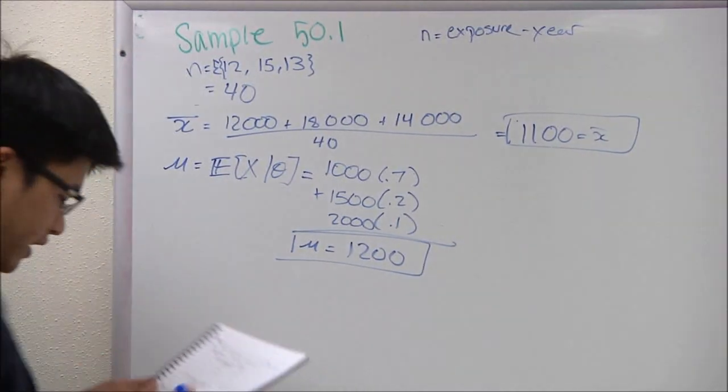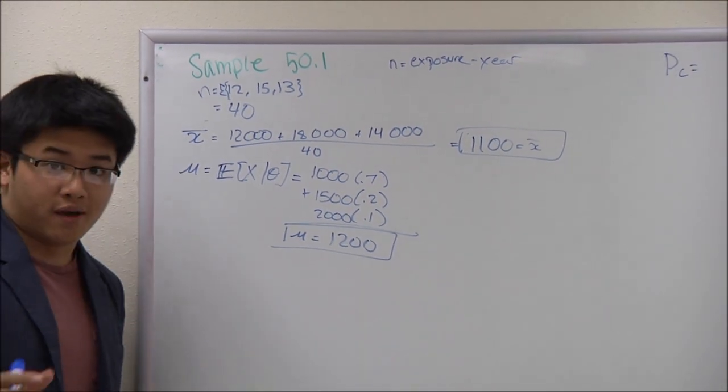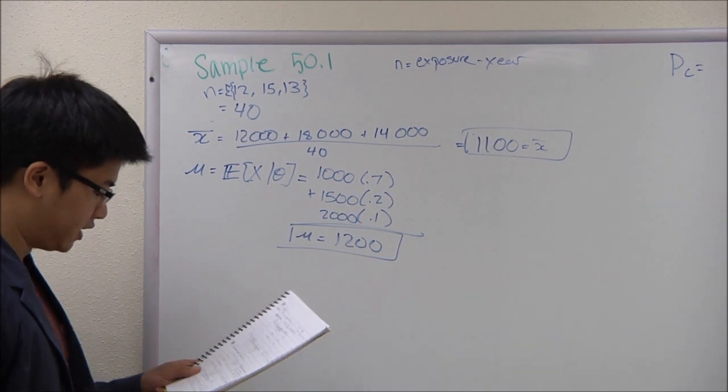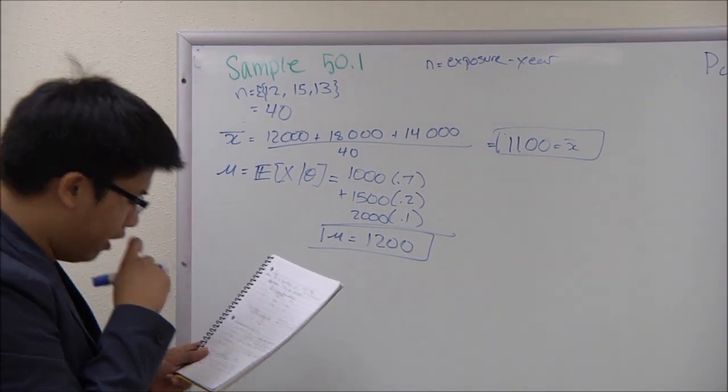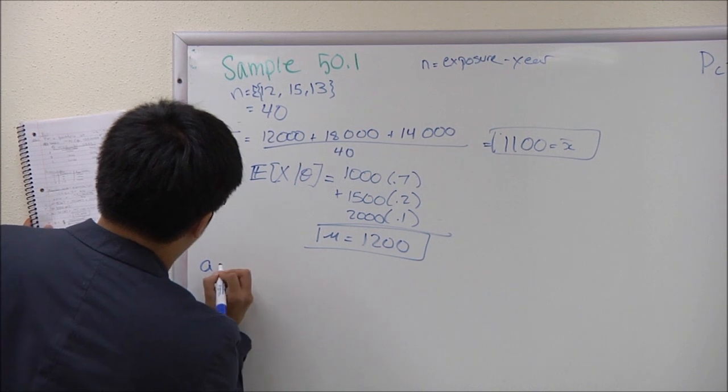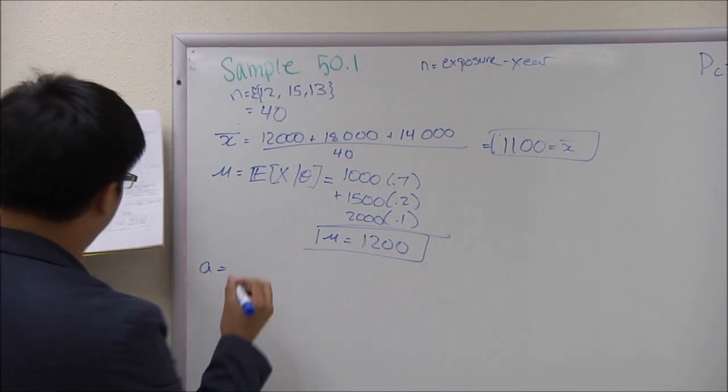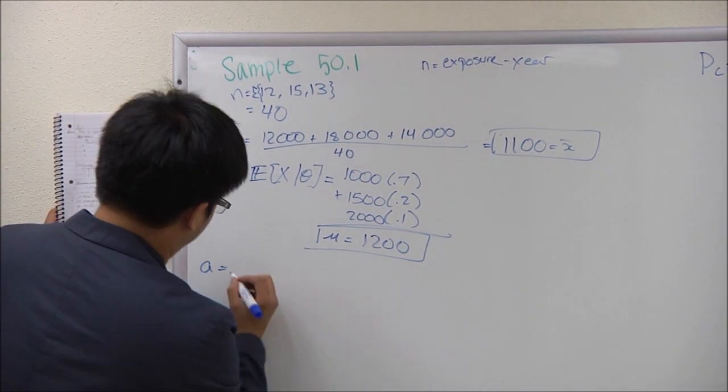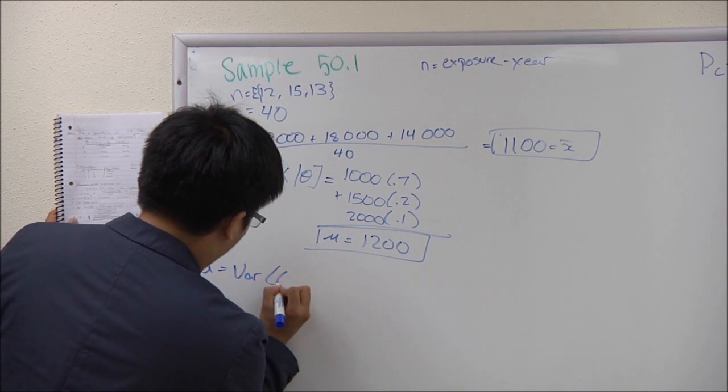The next thing you need to find is your VHM, or your variance of your hypothetical means. This could prove to be pretty tricky, but luckily we have a handy dandy formula sheet over here. Essentially it's the variance of your thetas.